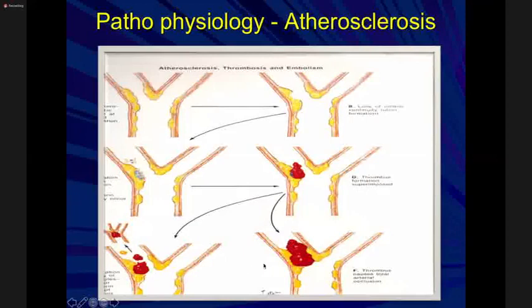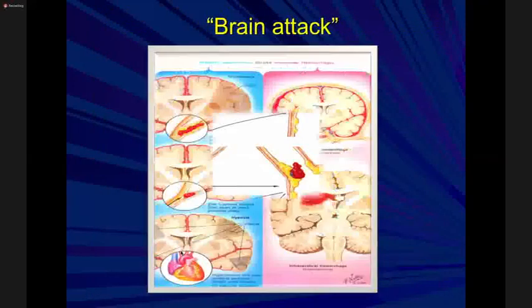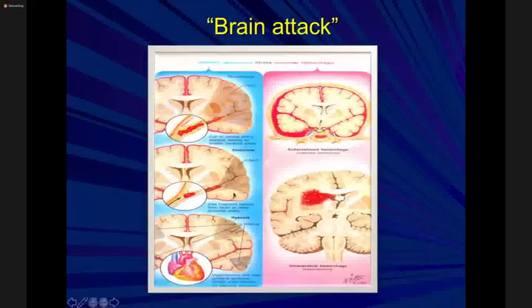These are the reasons for development of stroke in 85% of patients, and we call it atherosclerosis and thrombosis or thromboembolism. In case of brain attack, it is the same concept. The clot could come from the carotids or any of the large vessels and occlude one of your vessels, or the clot could arise from the heart and block the vessel.